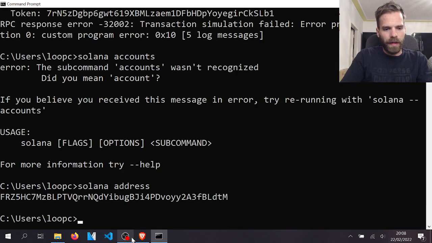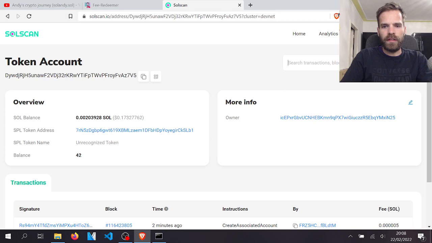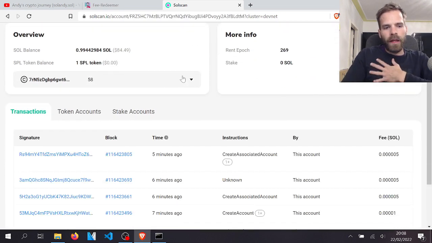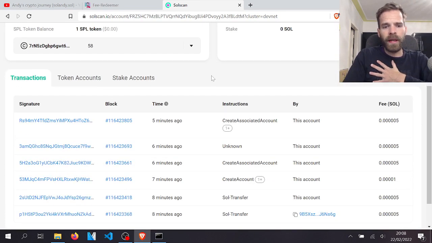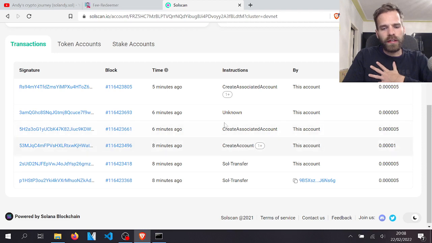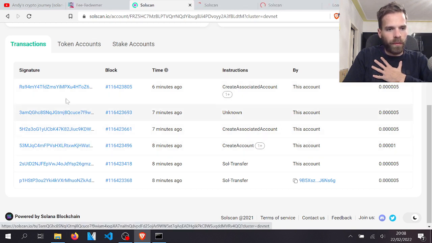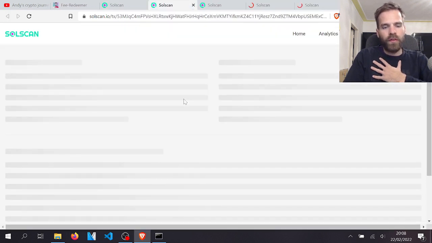Let me quickly get my address and see my own address here, and then see my transactions. So here, that's what we did before. We created a token, we created the associated token account, then we did a mint, and then we sent some tokens out.